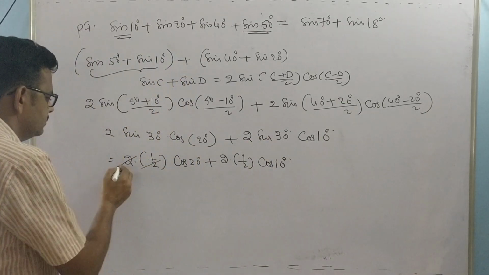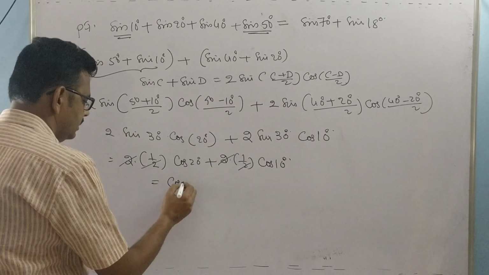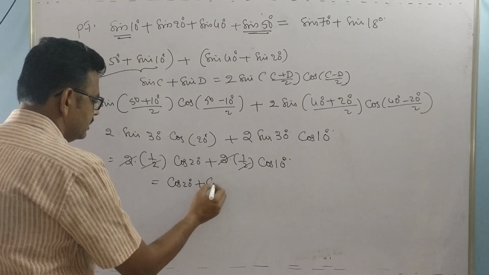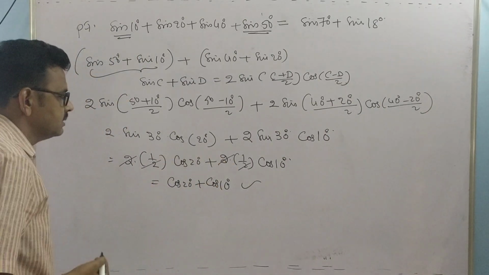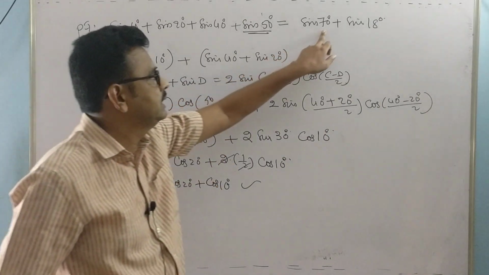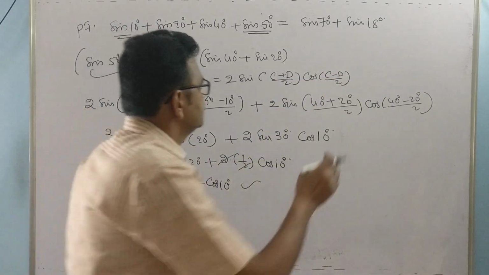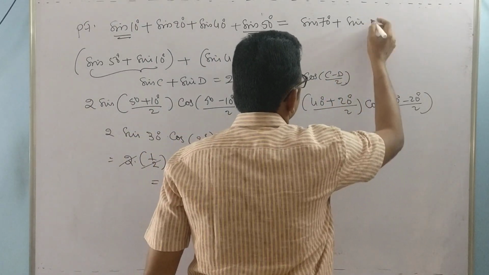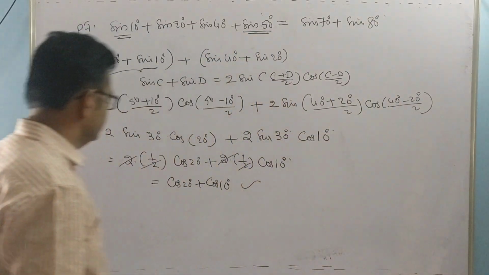So these cancel, and that is equal to cos 20 degrees plus cos 10 degrees. This is also a correct answer, but we have to show it in terms of sine, with 80 degrees.